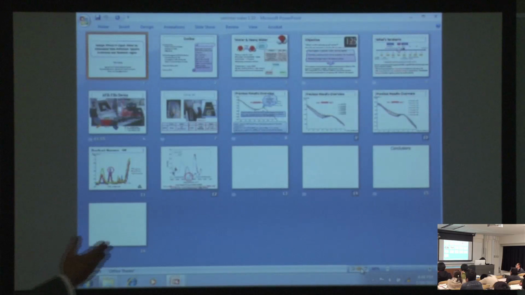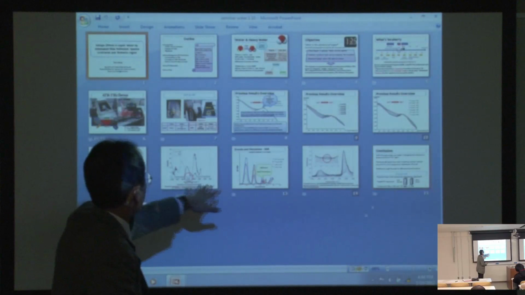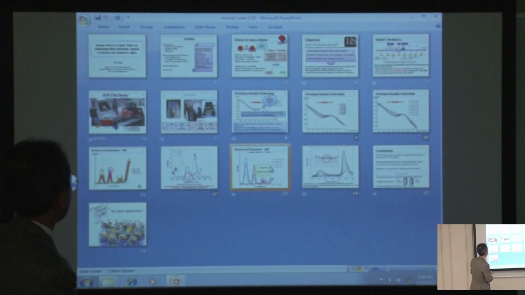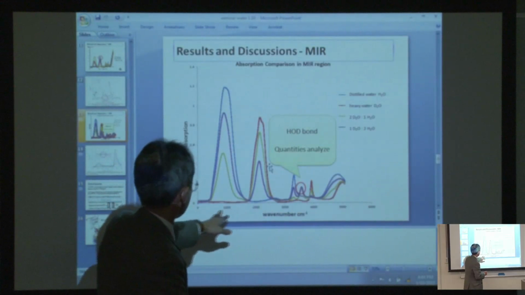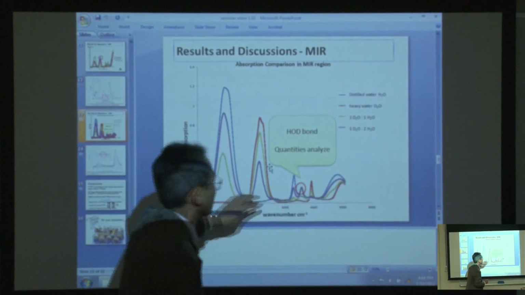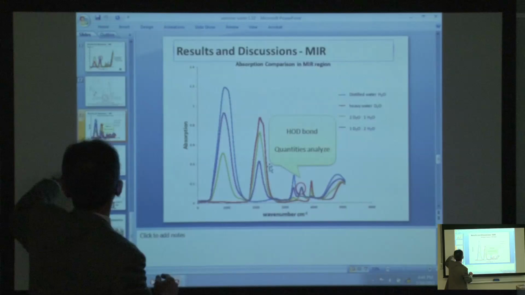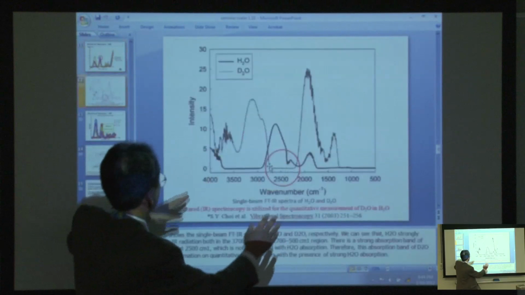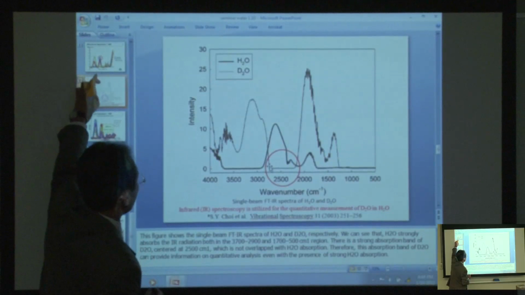I'm always confused with wave number. If you show a wave number graph, per centimeter, sometimes it's the opposite, this is the smaller number. Oh, yes. For example, before this, this one and one more before.